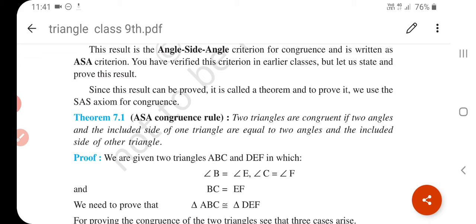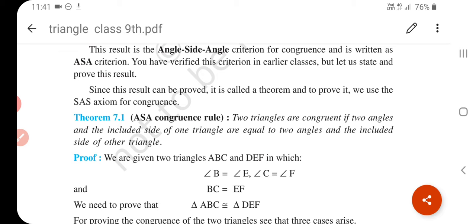And if we talk about angle side angle, then the AAS angle angle side congruence rule also holds, since the sum of three angles of a triangle is 180 degrees. We know that because of the angle sum property of a triangle. If two pairs of angles are equal, then the third pair is also equal.